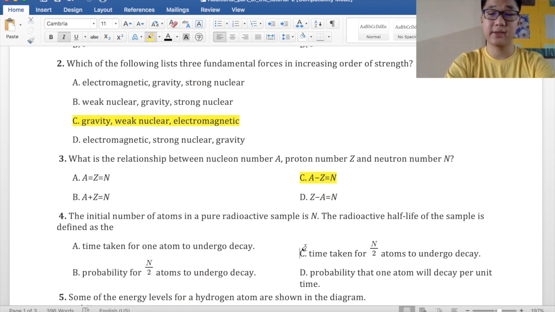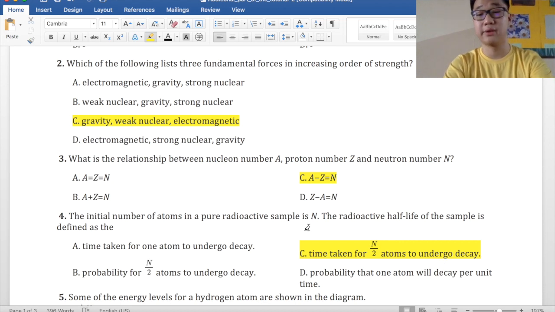So the answer here is letter C. That is because the radioactive half-life of a sample is defined as time taken for N over 2 atoms to undergo decay. It is not the probability, and it is not time taken for one atom, but rather it is time taken for N over 2 atoms to undergo decay.